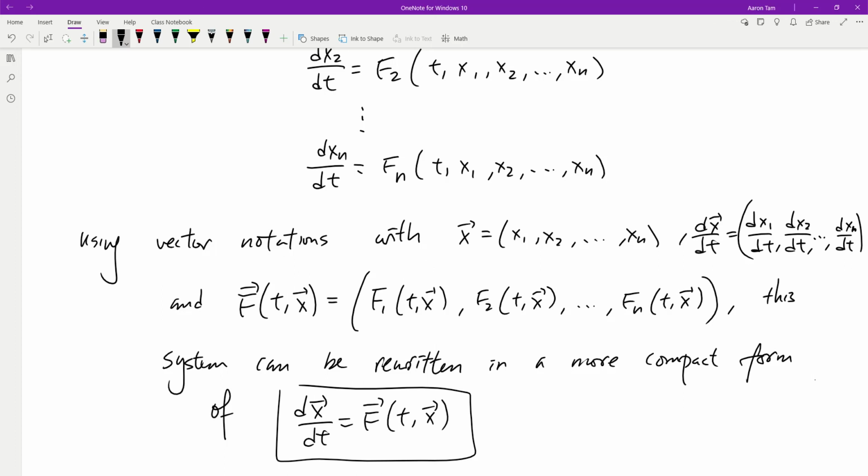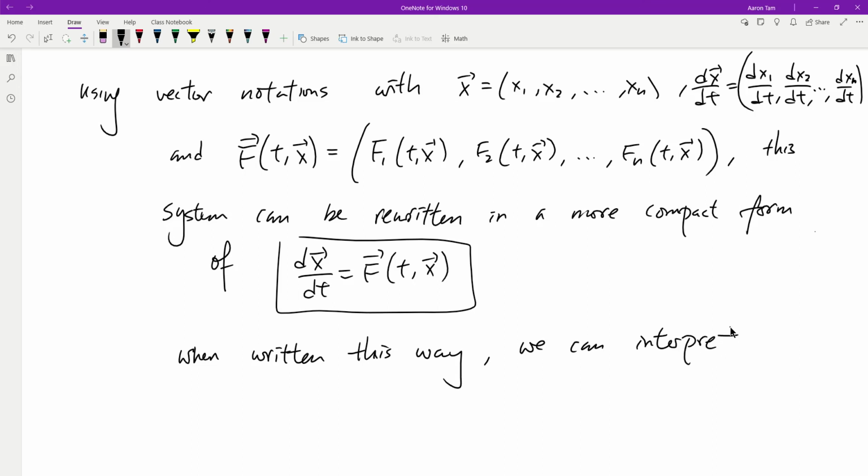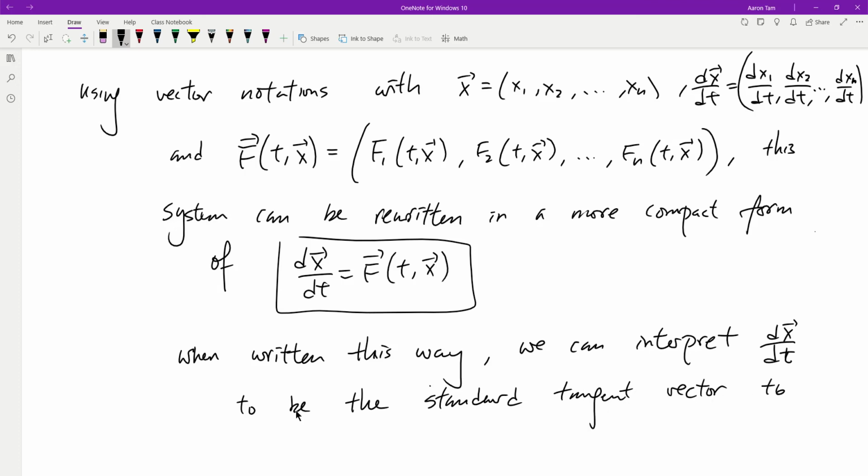Now, one last thing I want to mention. So if I have a system like this, then important to understand is that when written this way, we can interpret d vector x over dt to be the velocity vector, or the standard tangent vector, to the trajectory of the system.